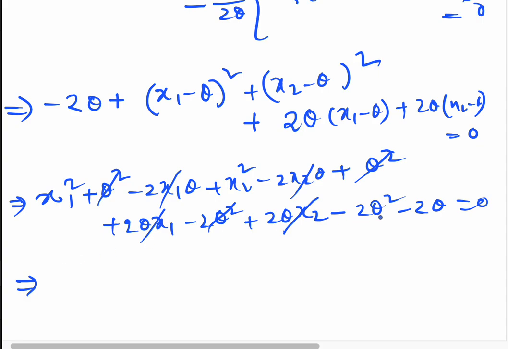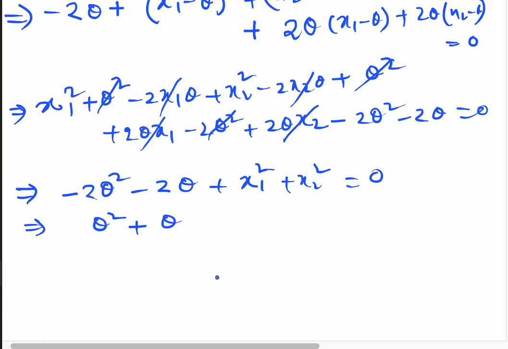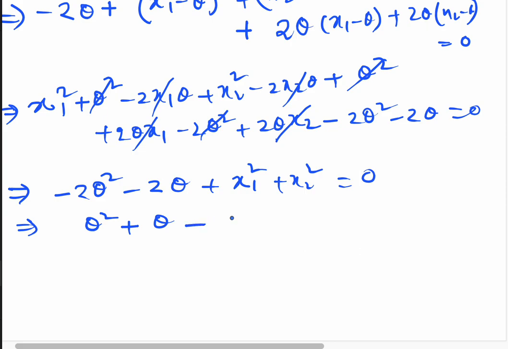Now we can write it as minus 2 theta square minus 2 theta plus x1 square plus x2 square equal to 0, or theta square plus theta minus half of x1 square plus x2 square equal to 0.